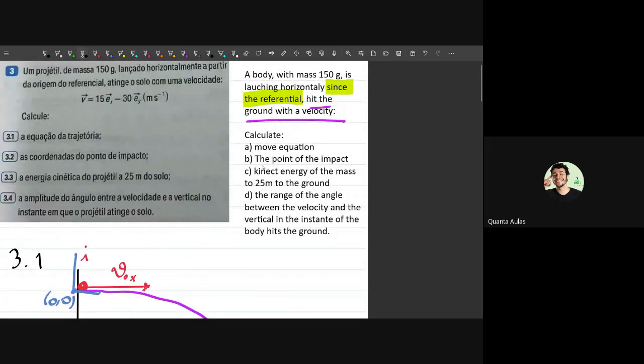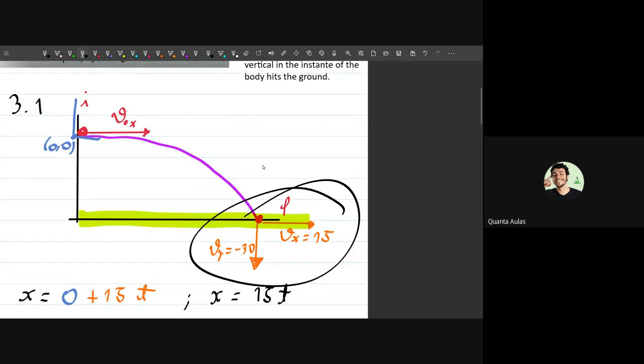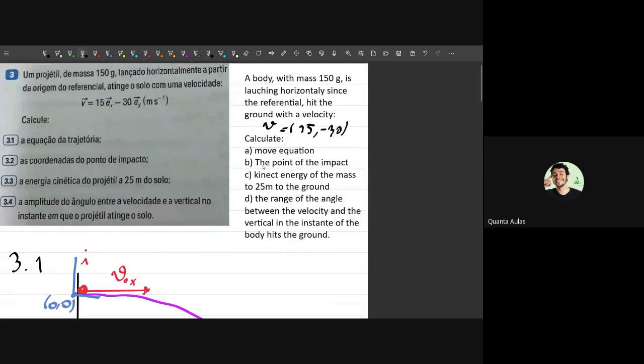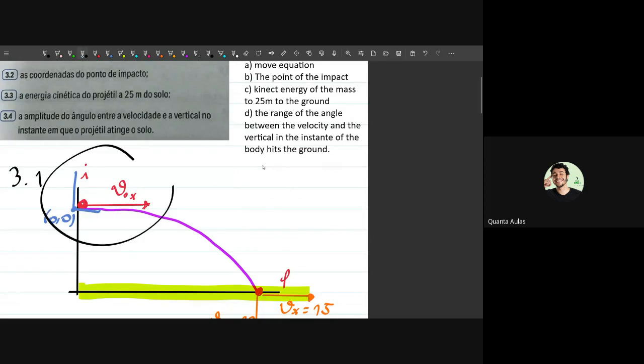So let's speak about this problem again. We only have the velocity when the body hits the ground. Here we have this velocity. Initially, we have only a horizontal movement, but the gravity takes this body and it goes down.